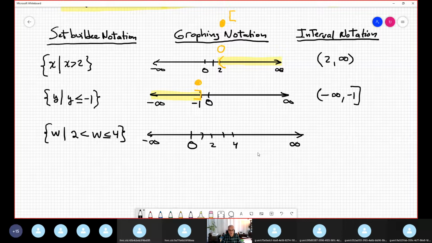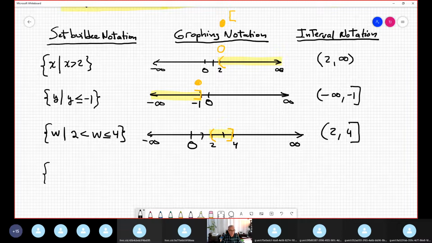It's a bunch of values in between 2 and 4. Of course, 2 is not included, because I don't see an equal sign here. Therefore, the representation uses a parenthesis and a square bracket, because 4 is included. And the interval notation is parenthesis 2, comma 4 bracket. Super.